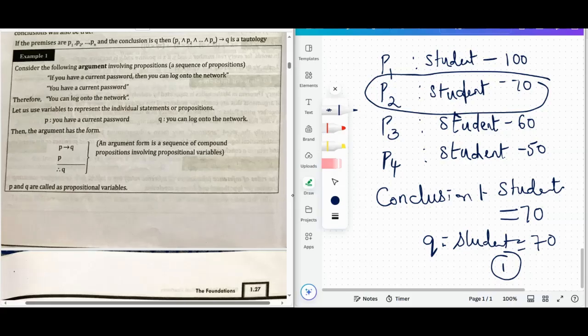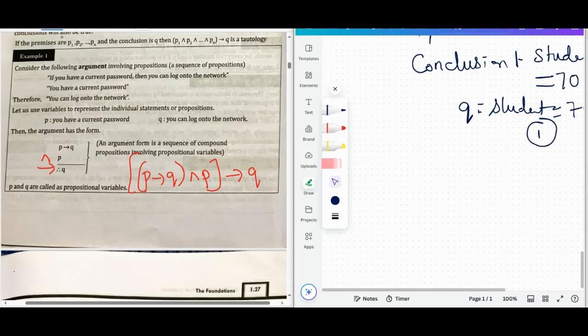The argument will be P implies Q, and P, which will give you Q. That is, (P implies Q) and P implies Q. This statement should be a tautology, then we can say that the given argument is a valid argument.